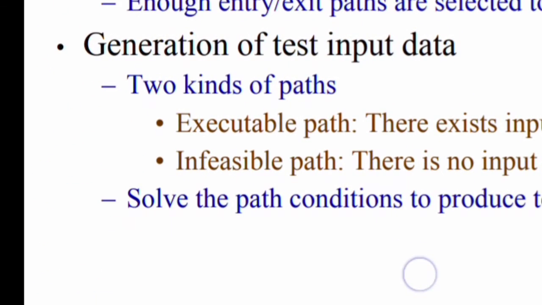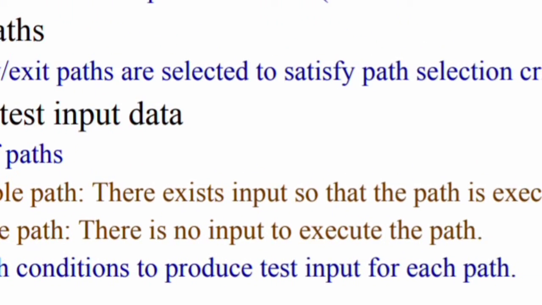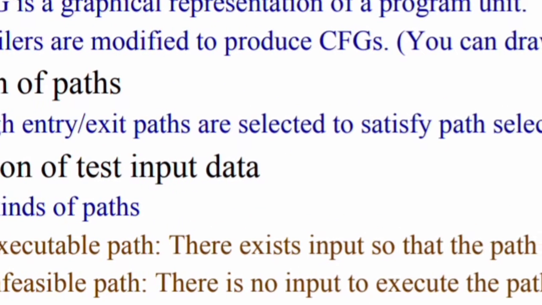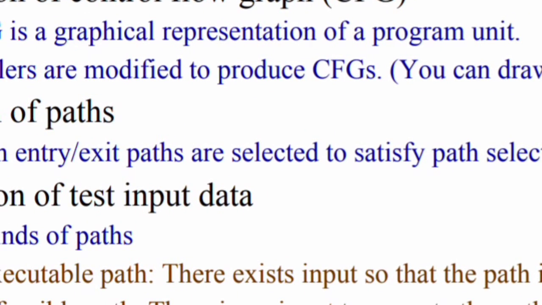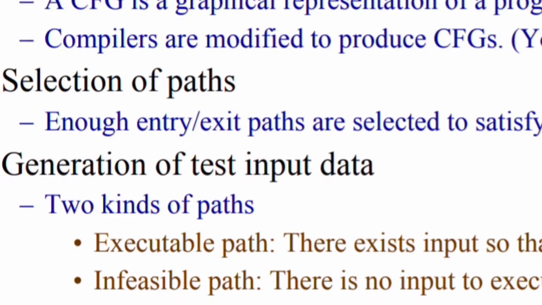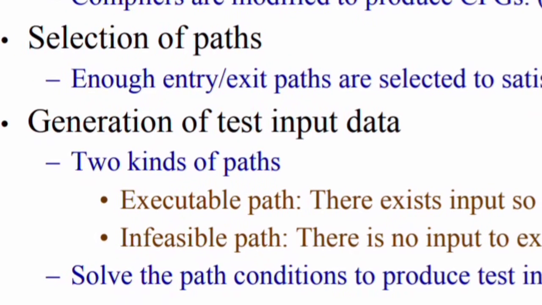Selection of paths: enough entry-to-exit paths are selected to satisfy the path selection criteria. Then generation of test input data. There are two kinds of paths: executable paths, where there exists an input so that the path is executed, and infeasible paths, where there is no input to execute the path. Solve the path conditions to produce test input for each path.